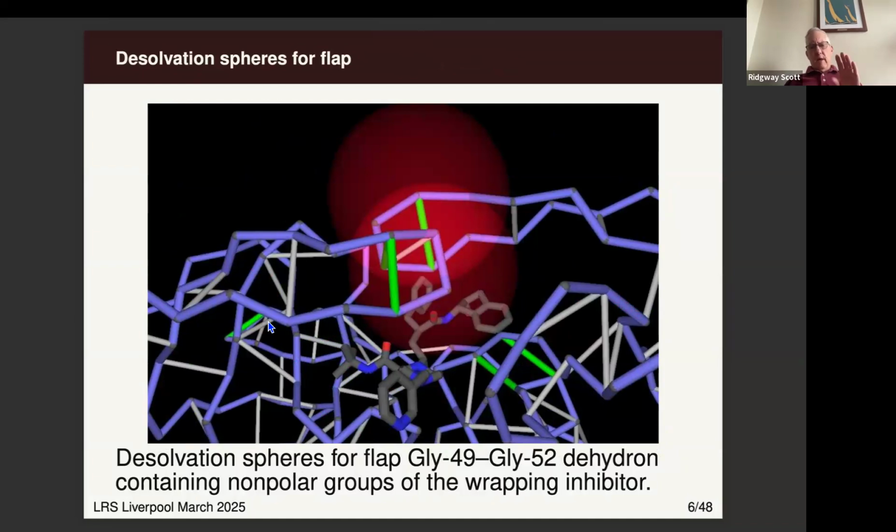So here's that flap of the HIV protease. And what I've done is I've taken a particular dehydron, this one here, and I've drawn a sphere around this end of the hydrogen bond, that red one, and then another sphere around this end of that hydrogen bond. And what we're going to do is count in that two-sphere object how many hydrophobic objects there are, how many things that repel water.